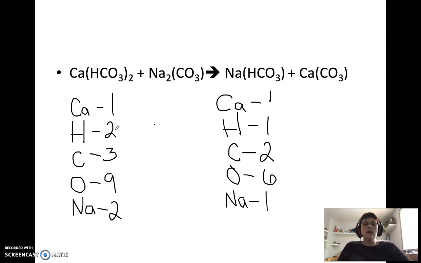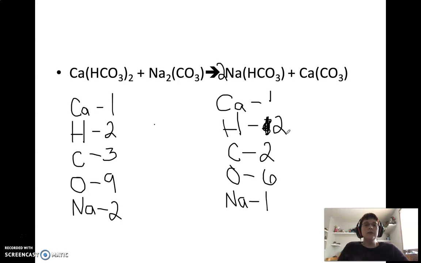So we're going to start off again balancing, and we're going to look, okay, calcium, we're good. That one's balanced. Hydrogen, not balanced. So let's take a look. If we take this compound, that's where it's the bigger. So if we put a 2 in front of this compound, that makes hydrogen 2.